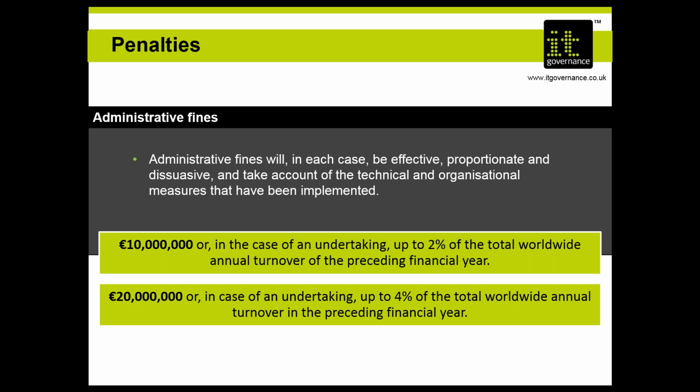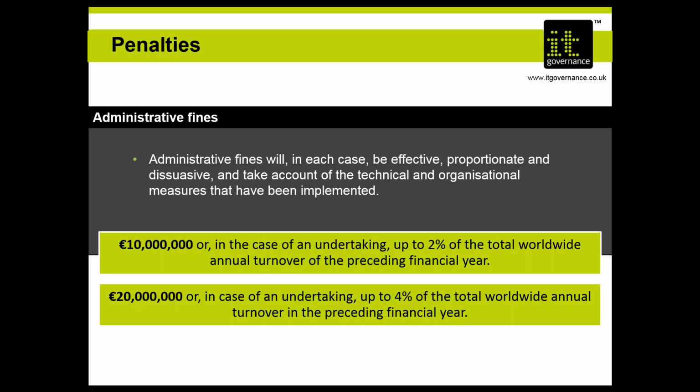Of course, they are ceilings. That means fines will be anywhere between not very much and the ceiling. I wouldn't expect to see top-level fines applied immediately. That removes weapons from the supervisory authorities' quiver, so to speak.